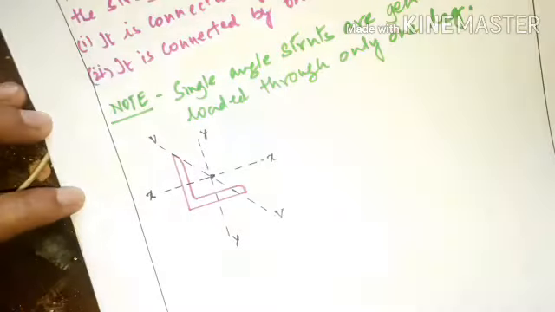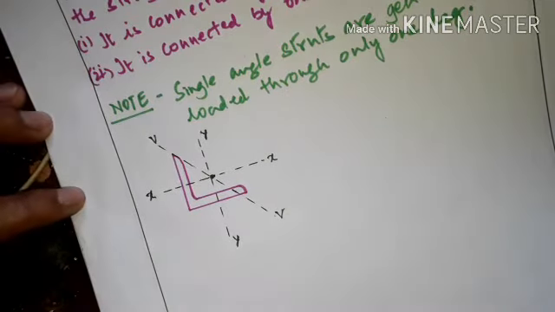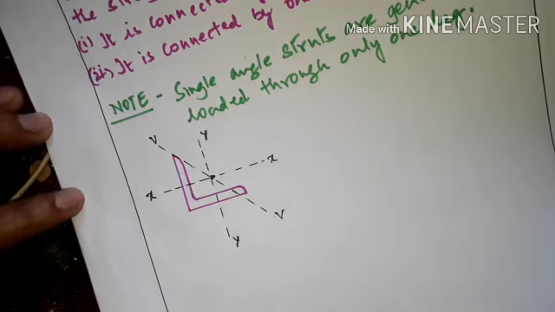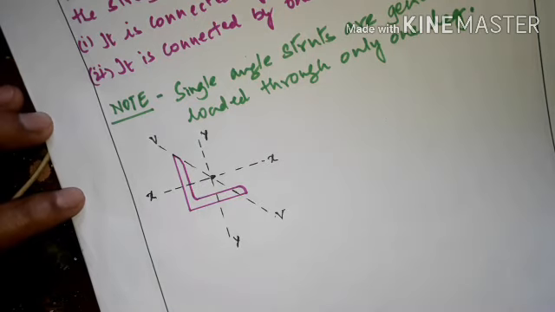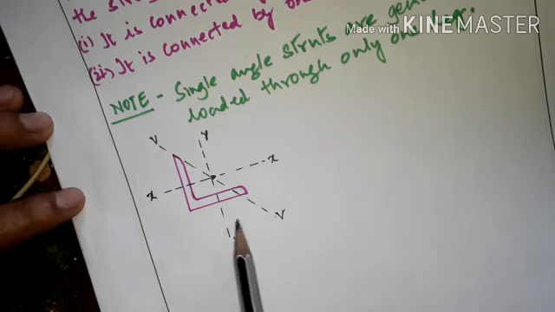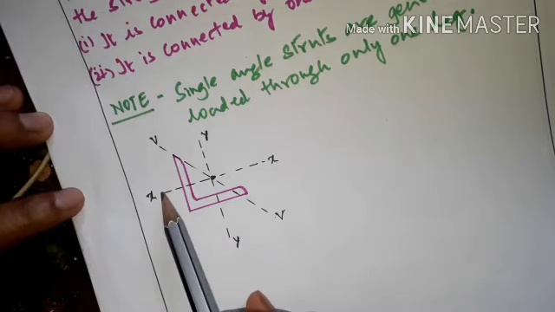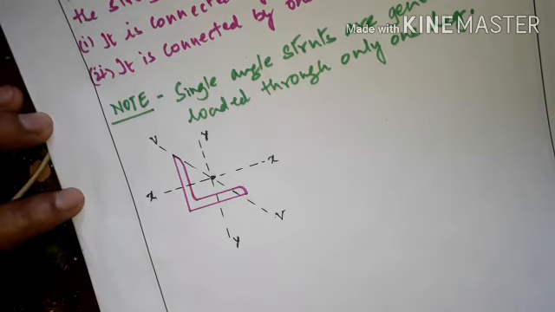Just now I was explaining, you can see the single angle section here, and in compression member the load has to transfer through the centroidal axis. But here, because the angle section is unsymmetrical about both the axes, what will happen?